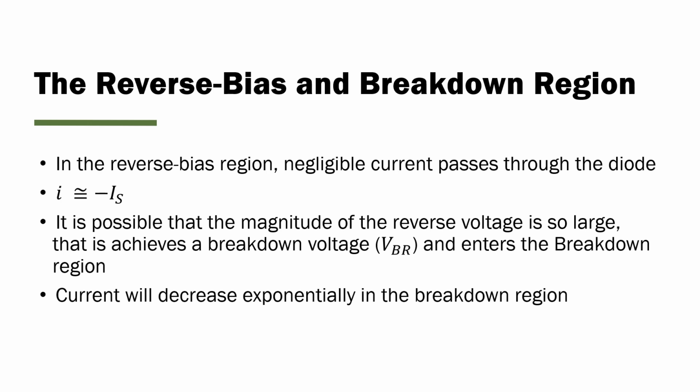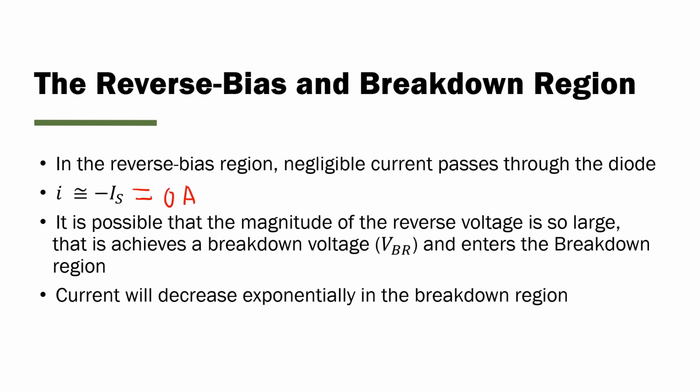Okay, now let's discuss the reverse bias and breakdown regions. So again, in the reverse bias region, negligible current passes through the diode. In most models, it's usually equal to the negative scaling current, which, as we just demonstrated in the last example, is extremely small. So in most problems, you can just say it's 0 amps.